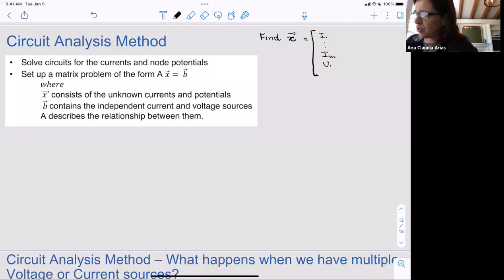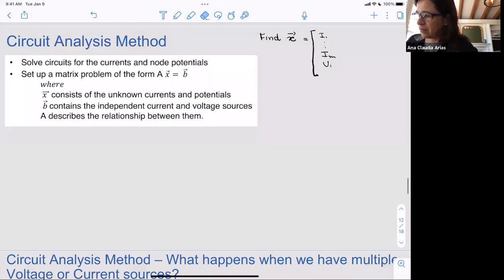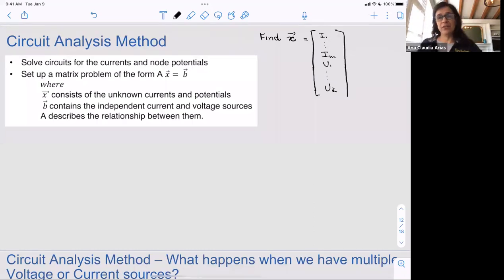And the potentials, hold on, let me just make my vector a little bit longer. They are the potentials that we name in the nodes of our circuit. So U1 all the way to UK. Okay, so that is our vector of unknowns.